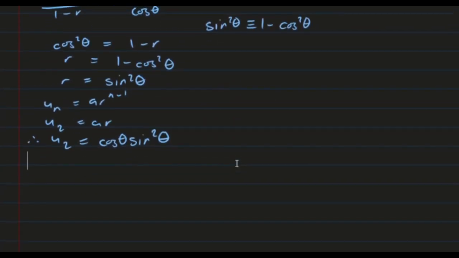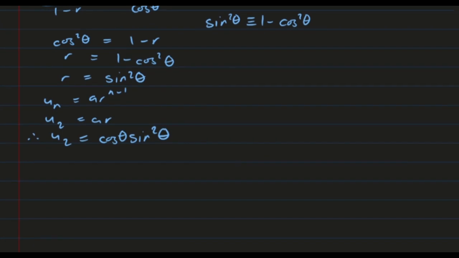We're given that theta is 1/3 pi, so a, which is cos theta, becomes cos 1/3 pi. Let's punch this into a calculator, making sure you're in radians.